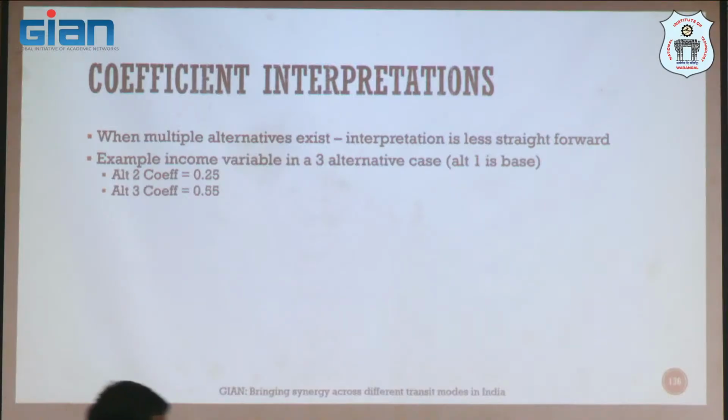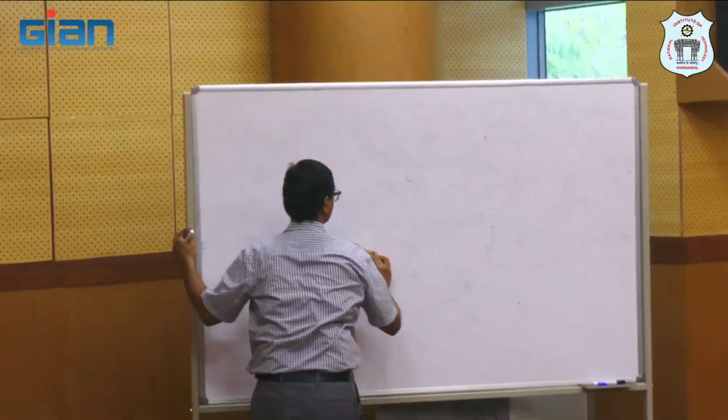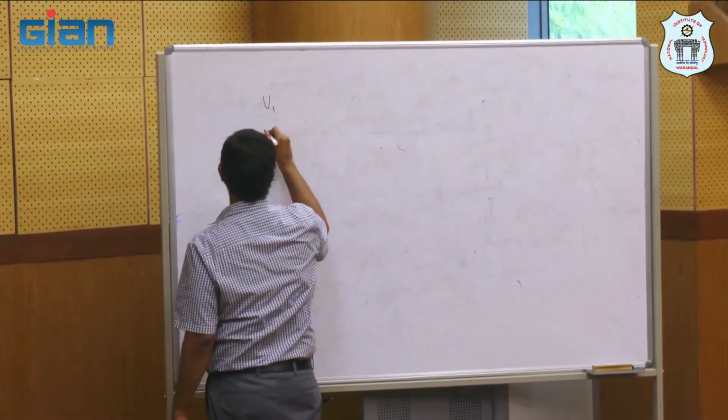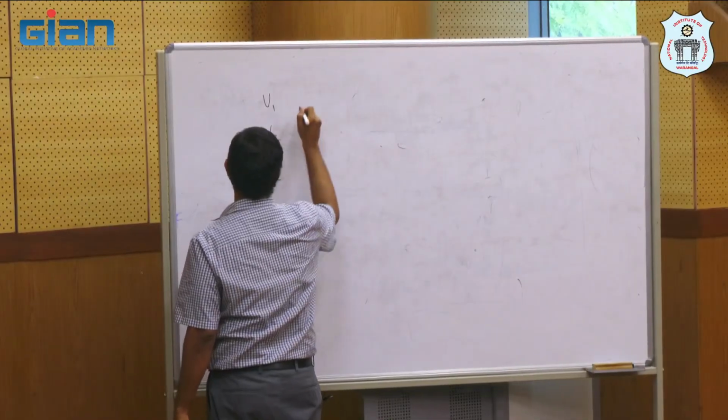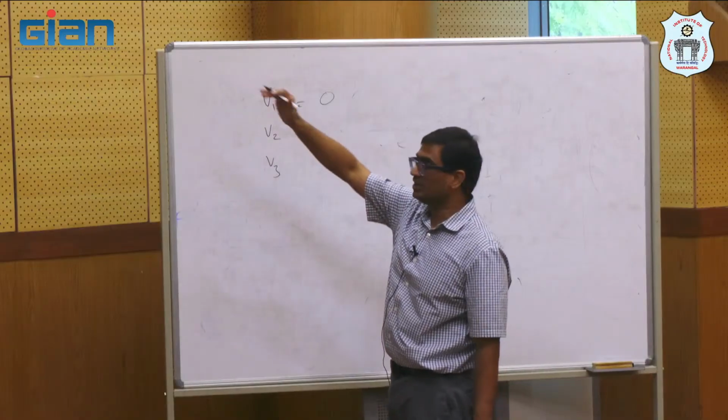Based on those numbers, you have three alternatives, V1, V2, V3. V1, no change. Right? Income is not part of the equation.